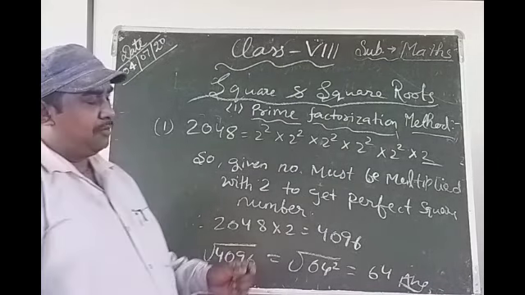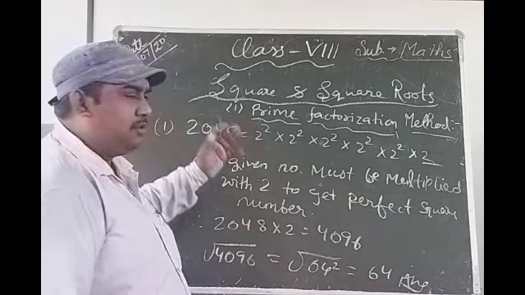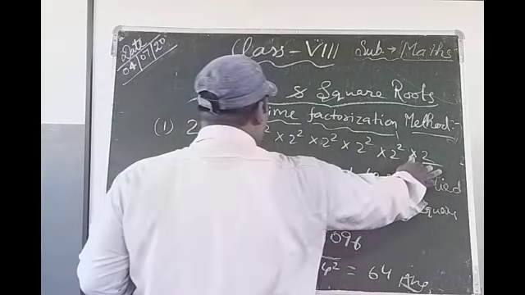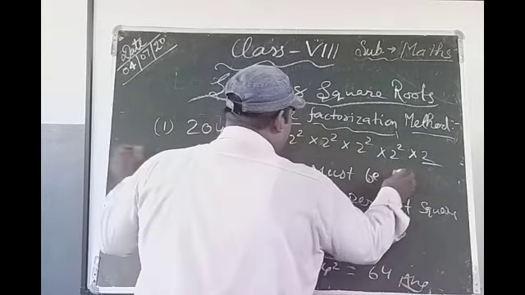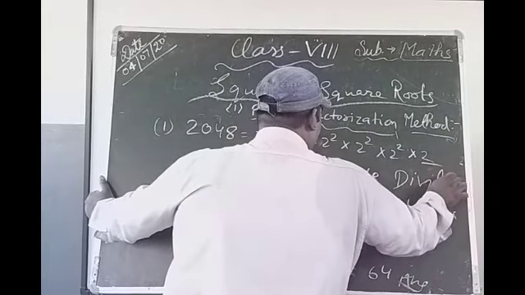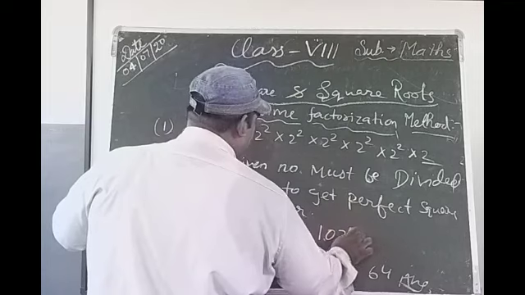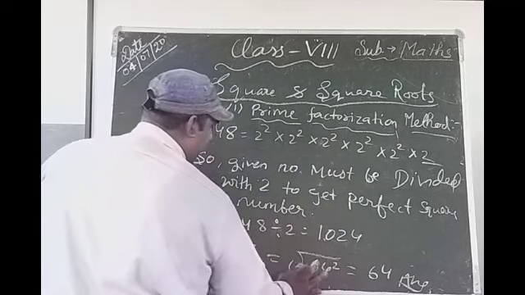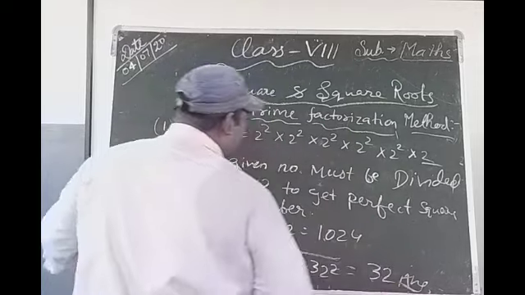Like this, suppose the question comes: find the smallest number by which 2048 must be divided to get a perfect square number. Here 2 is alone. In the place of multiplied, you write divided, and you get 1024. And finally you have to also find the square root of that number, 1024, that is the square of 32. Then you get 32 as your answer.